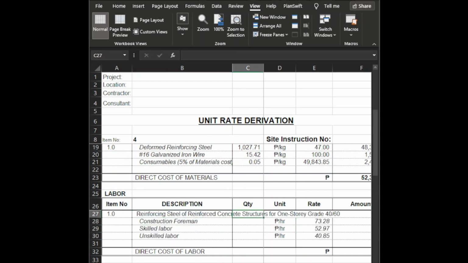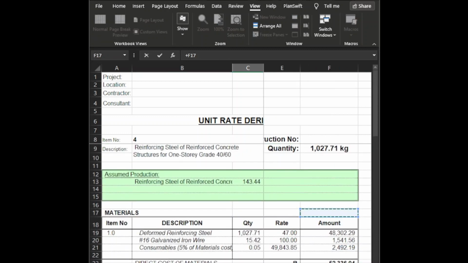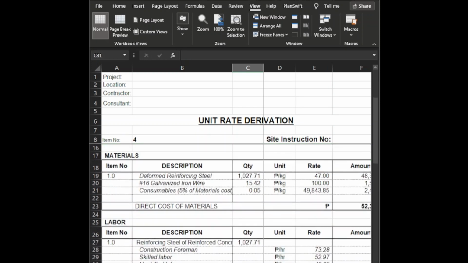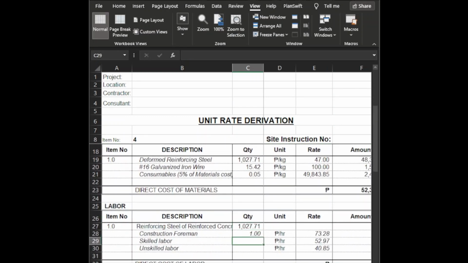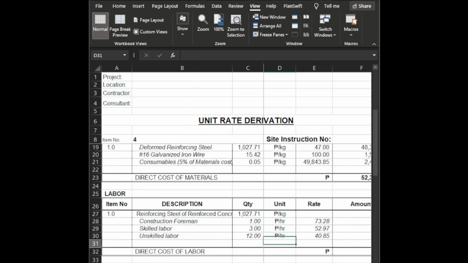Okay, we will just copy this one, the quantity. We need 1 foreman, then 3 steelman, but we need for this one 12 unskilled labor. So this one, guys, is per hour because this is labor.